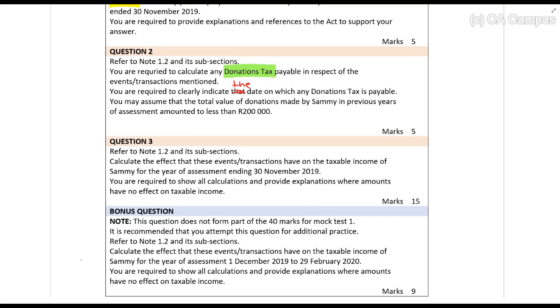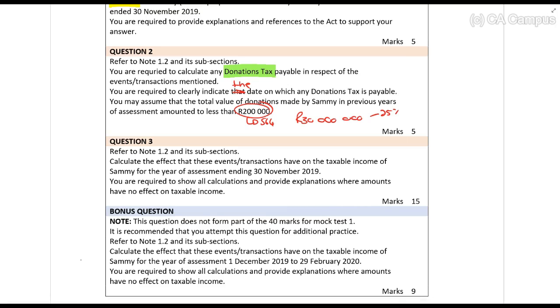Please remember to go and look at Section 64. Section 64 says, if you've made 30 million rands of donations in the past, anything above that is at 25%. The fact that she's made only 200,000 means that her donations tax is at 20%.